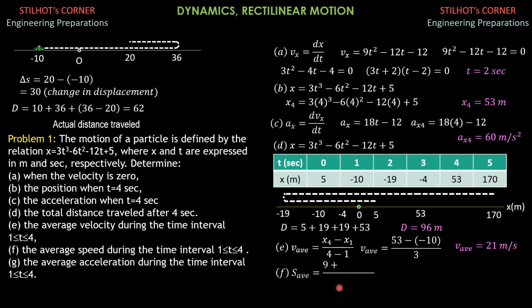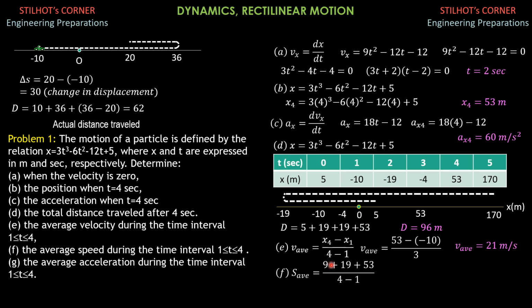So the actual distance traveled from 1 to 4 is 9 plus 19 plus 53. Average speed, remember, is actual distance traveled divided by change in time, which is 4 minus 1. When t is 1, the particle was here, then t is 2 here, so that's 9 meters, then plus 19 plus 53.